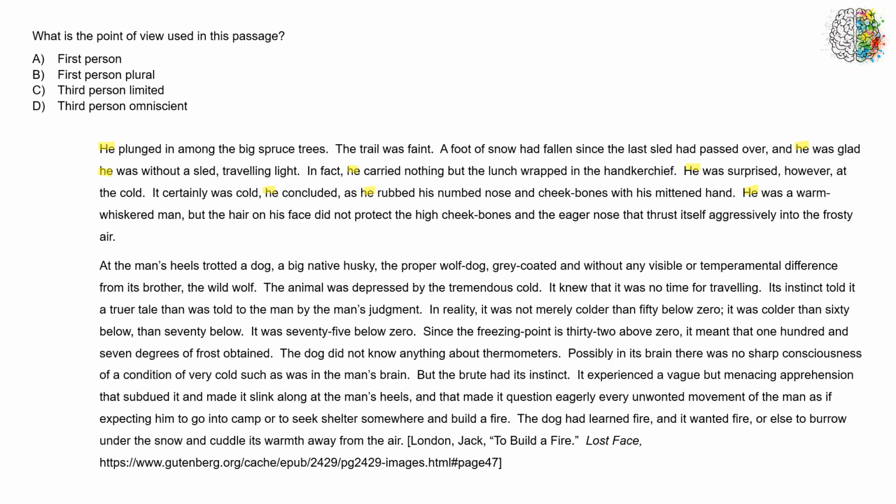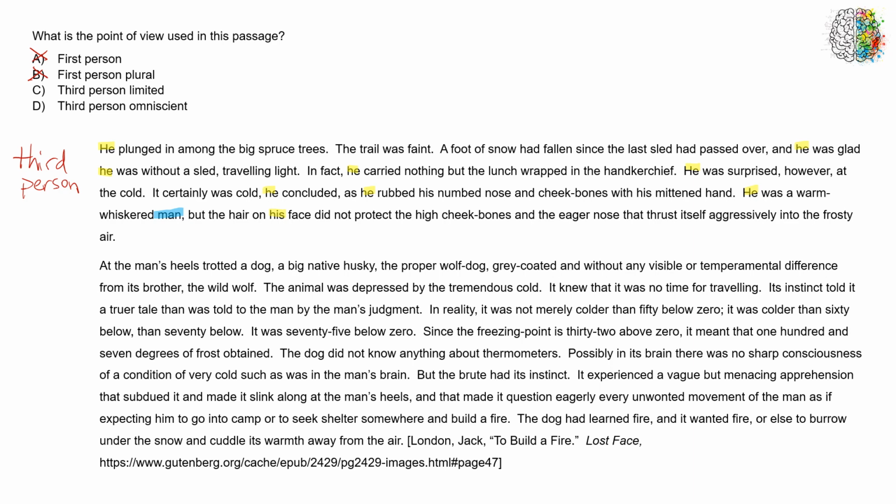So we can just look at the pronouns. We don't even have to read the paragraph to be able to identify that this is going to be third person. So that automatically gets rid of the first two options, and we can see that the paragraph is referring to the man.